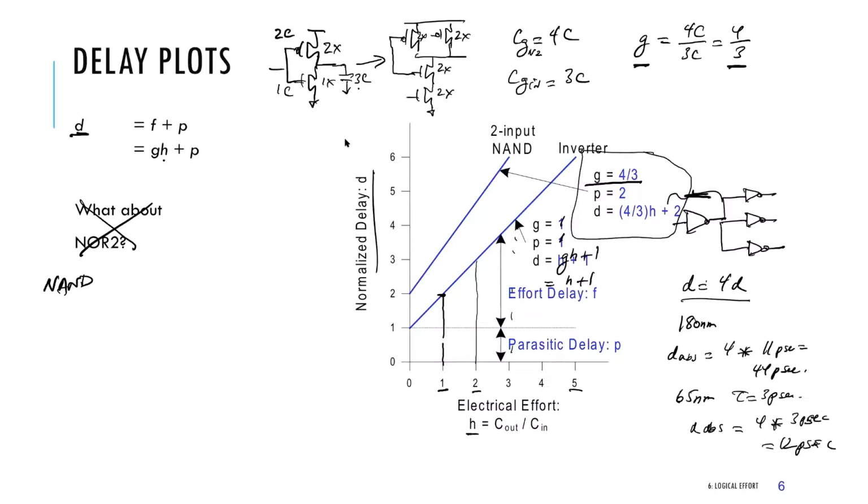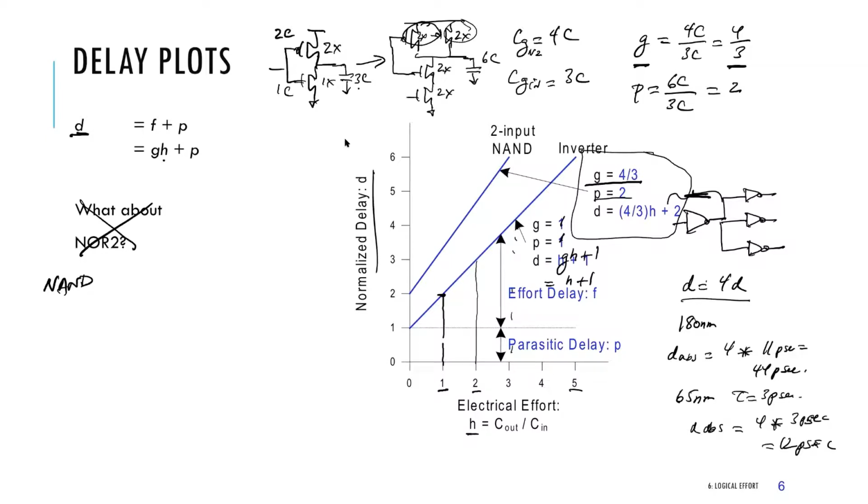Whereas for a NAND gate sized like that, each of these PMOSFETs has 2C, and because we doubled the size of the NMOS, it also has 2C, so you end up with 6C here. So your own parasitic capacitance, ratioed to the parasitic capacitance of the inverter, is 2.